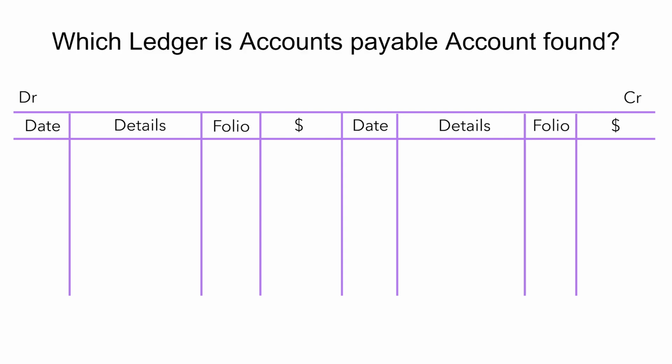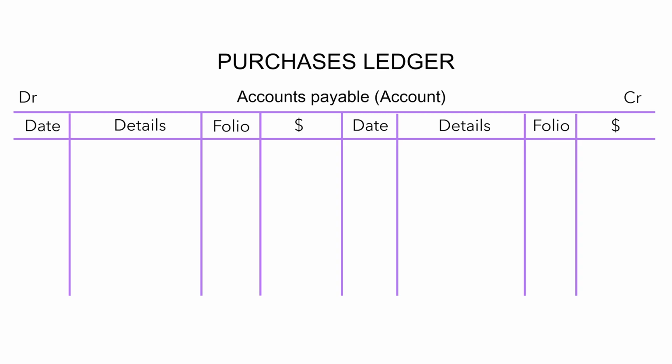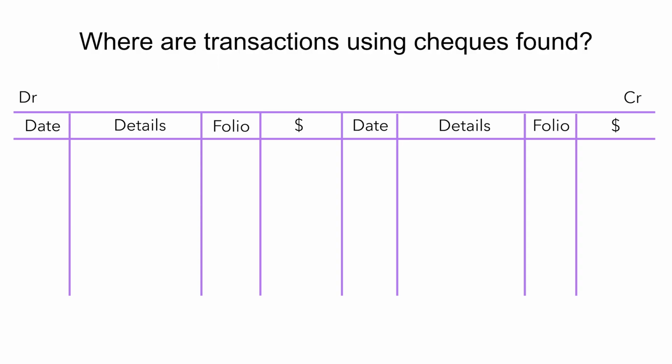Which ledger is accounts payable account found? Purchases ledger. Where are transactions using checks found? Cash book.